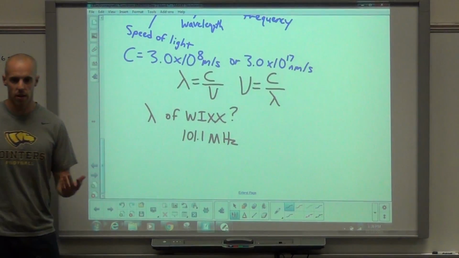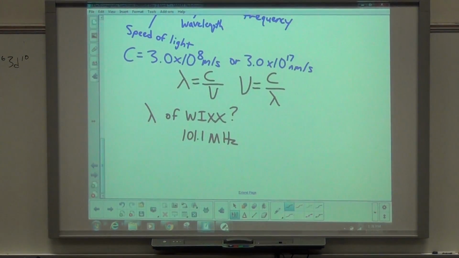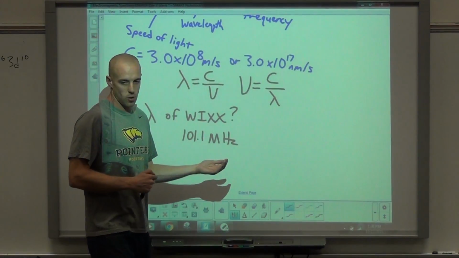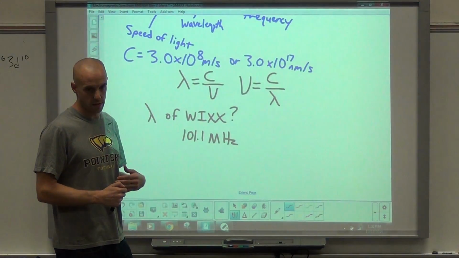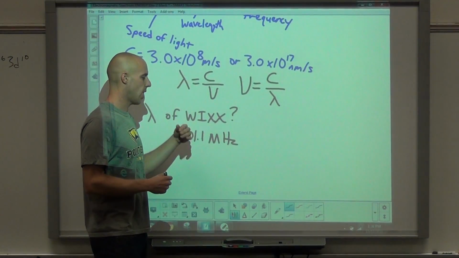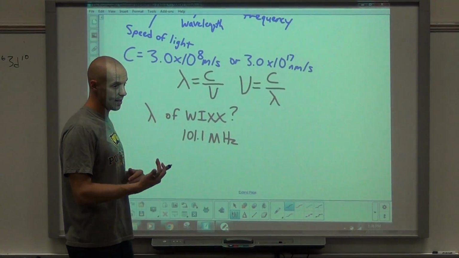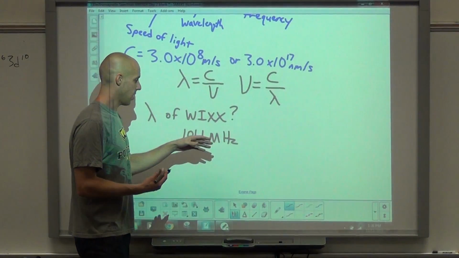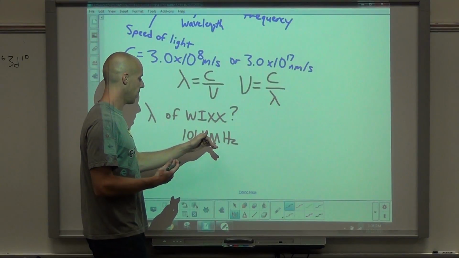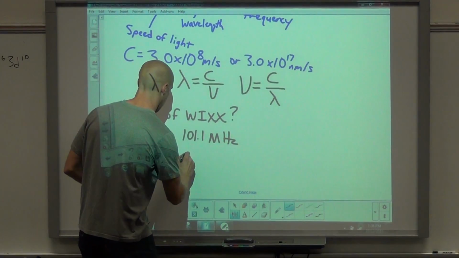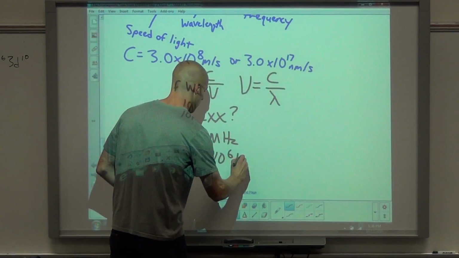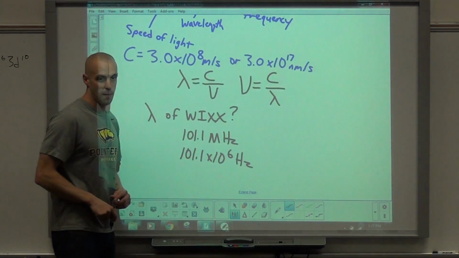Remember we said the unit for frequency is hertz. This is megahertz, so we need to use a metric conversion to get back to regular hertz. Make sense? We're at mega. To get back to hertz, there's 10 to the 6th in a mega. So we're going to have 101.1 times 10 to the 6th hertz.